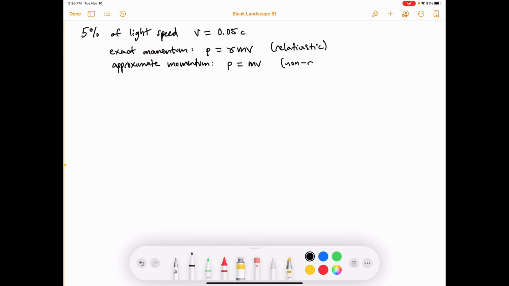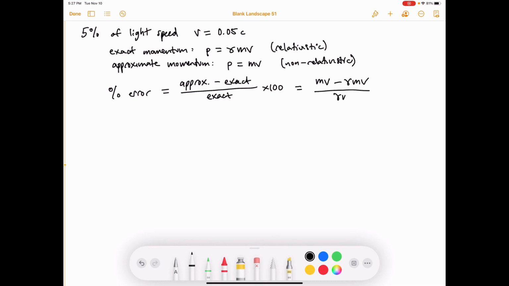That's non-relativistic. So the percent error is going to be, again, the approximate value minus the exact value over the exact value, and then times 100. Okay. So this is mv minus gamma times mv divided by gamma times mv, and then times 100.